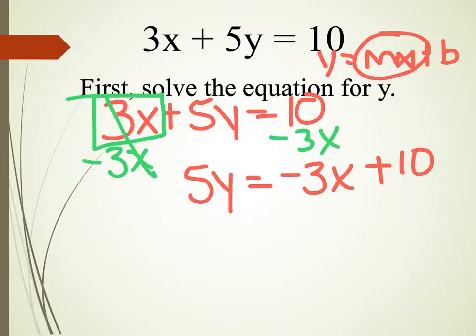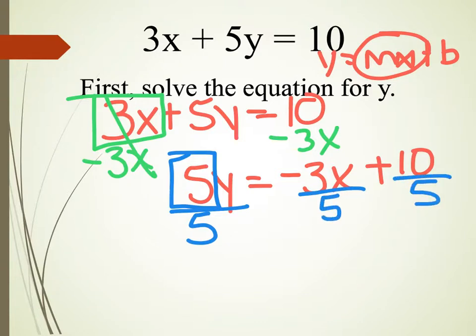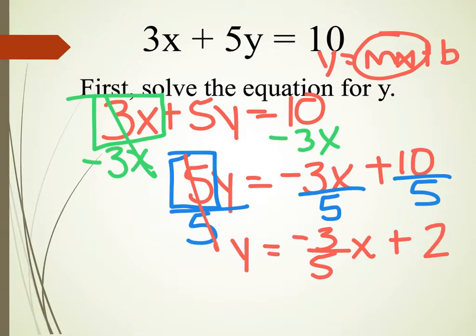Lastly, we need to get y by itself, so the next thing we need to move is 5. Now 5y means multiplication. The opposite of multiplication is division. So we're going to divide everything by 5. When we are done, we're left with y equals negative 3 over 5x plus 2.